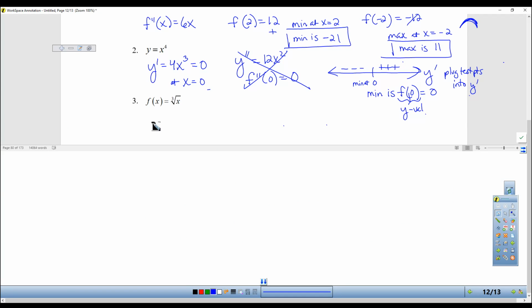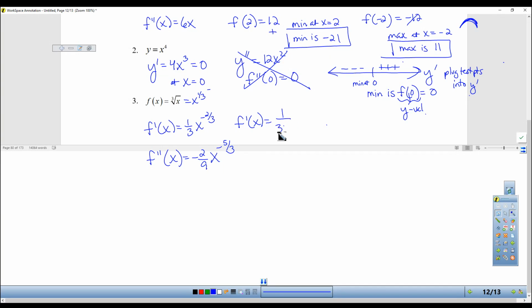Last one. So I'm going to just change this to x to the 1/3. F prime of x is equal to 1/3 x to the -2/3. F double prime of x is equal to -2/9 x to the -5/3. So you have to find the critical points in order to use this method.